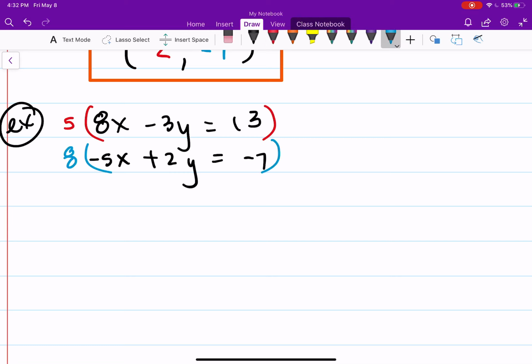It would give me a positive 40 and a negative 40, so they will go away. The top gives me 40x minus 15y equals 13 times 5, which is 65. And the bottom gives me negative 40x plus 16y equals negative 56.